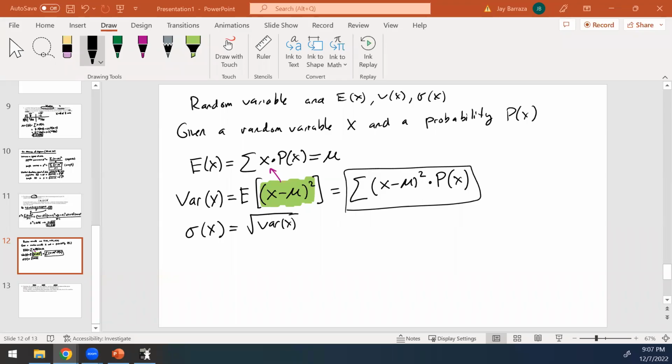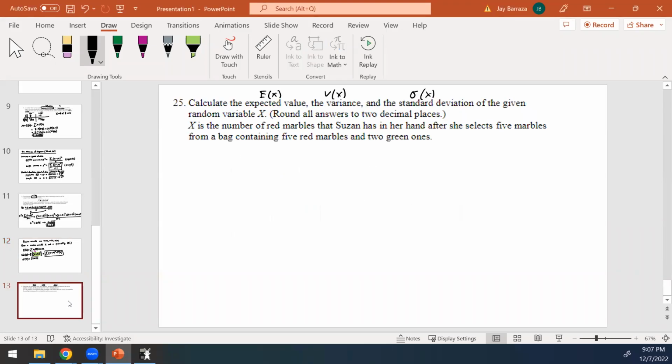Okay. So let us go to this problem. We're calculating expected value, variance, and standard deviation of a given random variable. They say that x is the number of red marbles that you're holding in your hand, assuming that you pick 5 marbles. So you have 5 in your hand, and there are 5 red and 2 green.